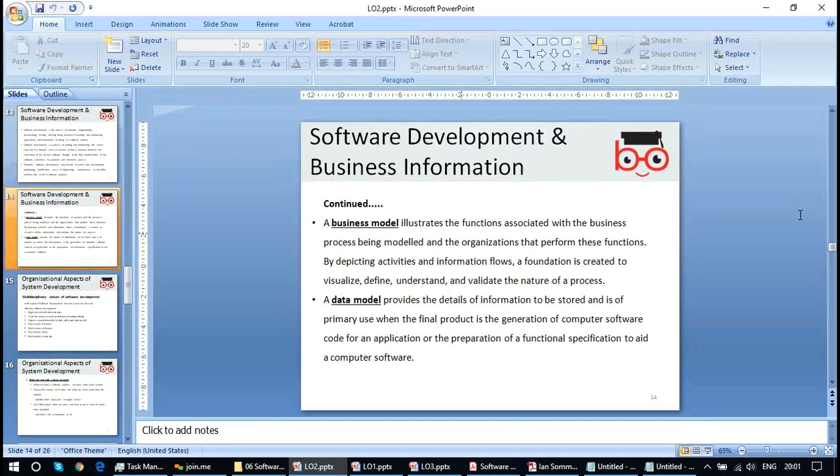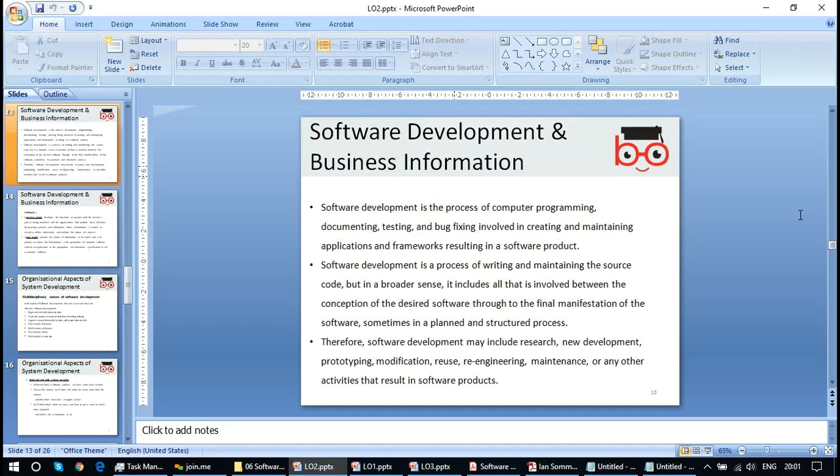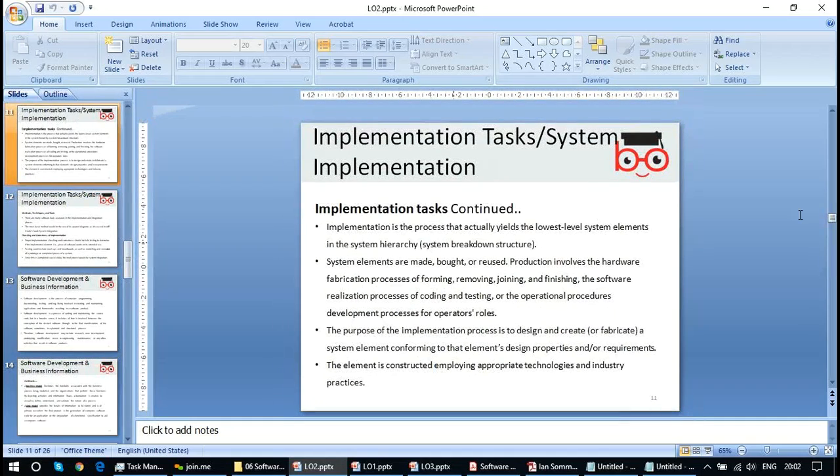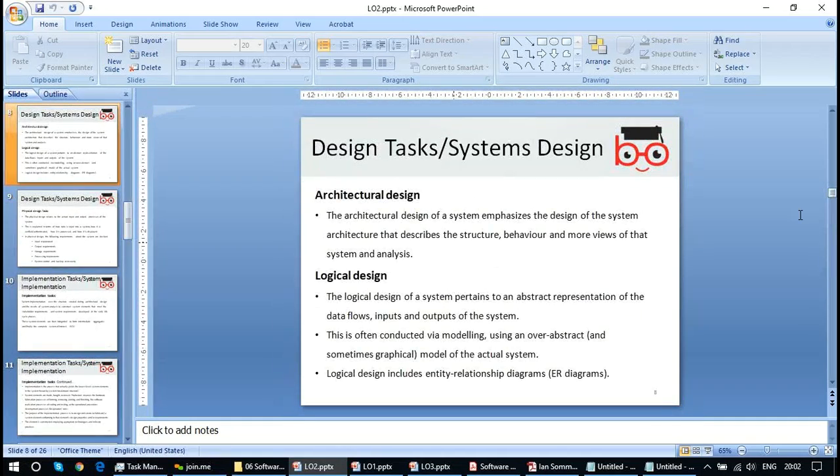However, we discussed the difference between the business nature of the information and how it needs to be converted into software development information, and we discussed the implementation, which is coding.